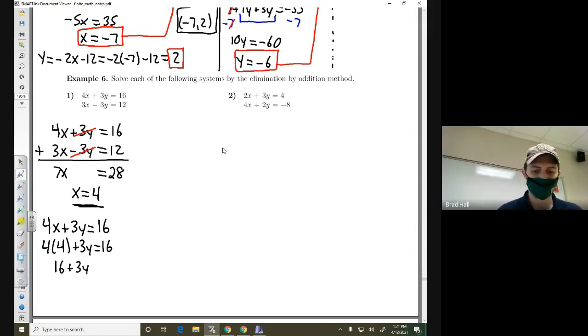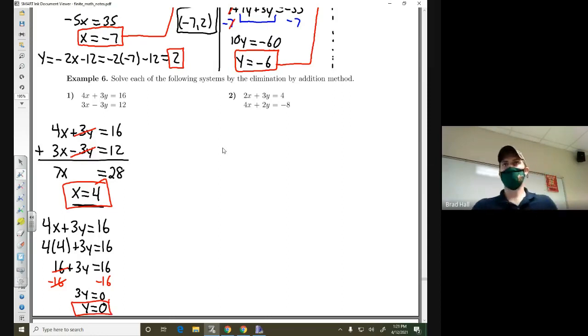Plus 3y is equal to 16. All we have to do is get y by itself. 3y is equal to 0, or in other words, y is 0. So ultimately what we found is that the point of intersection is (4, 0).